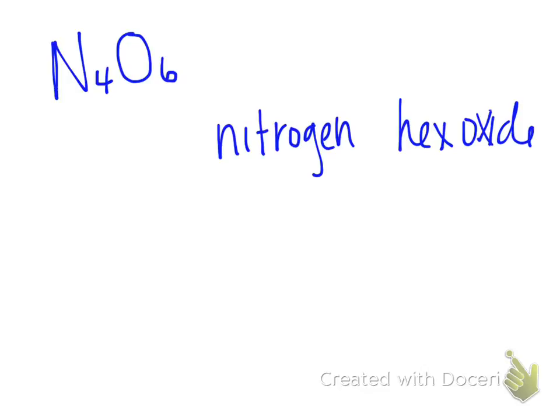In this case, how many nitrogens are we saying that we have? In our written version we're only saying we have one, but realistically, how many do we have? Four. So we need a prefix here. Tetranitrogen hexoxide. Just tetranitrogen. The first element does not get that IDE. Only the second.